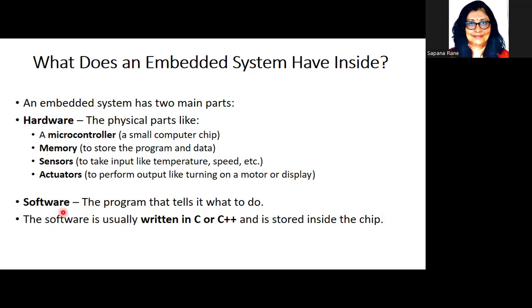Software is nothing but the commands given to the computer to process information within it. So this software usually is written in C, C++, or even in Python. And this software is stored in a small chip within an embedded system. So in short, embedded system has hardware and software within it.